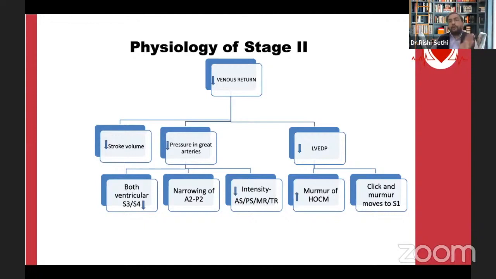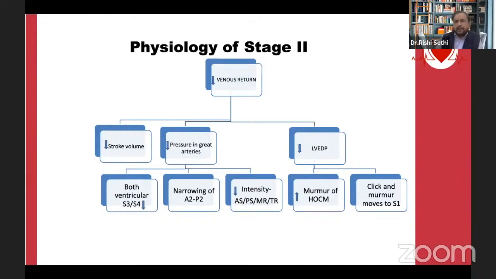So both preload and afterload, predominantly preload, are getting lower in phase 2 of Valsalva. So the murmur of HOCM will increase while the murmur of aortic stenosis, as you see here, was decreasing. So that's how you separate aortic stenosis from an HOCM murmur. At the same point of time, consider the murmur of MVP. MVP and HOCM tend to follow the same kind of pattern.